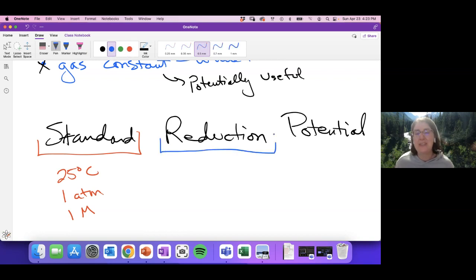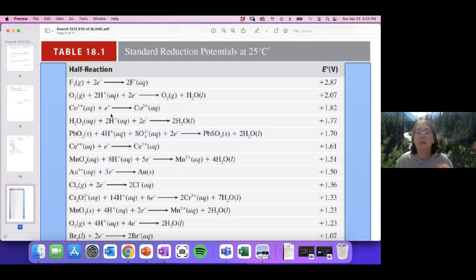Reduction. This is the part where we're adding electrons. So no matter what we're talking about, I don't know, we'll grab gold, it's going to be written as a reduction. So you're going to see these written with the electrons on the left-hand side of the equation every single time. So a standard reduction means that when you're looking at the list, absolutely everything has electrons on the left-hand side as a reactant, every single one of these.